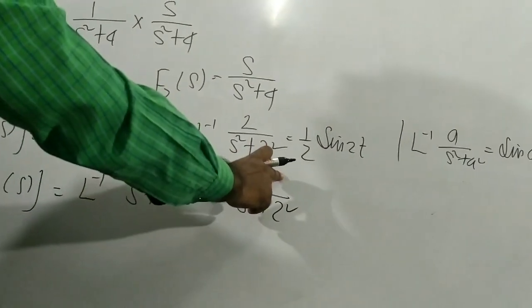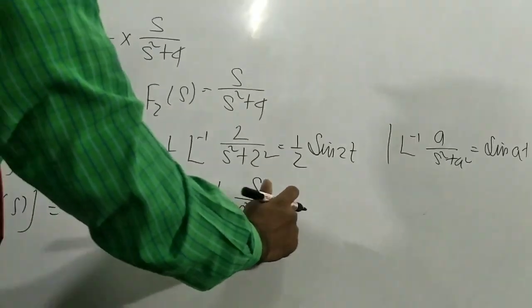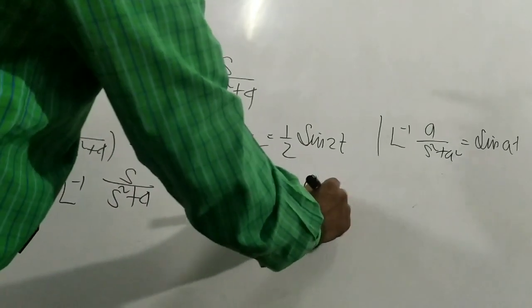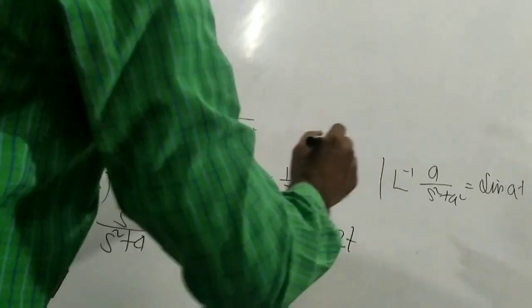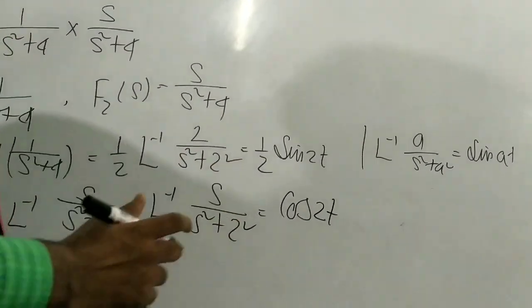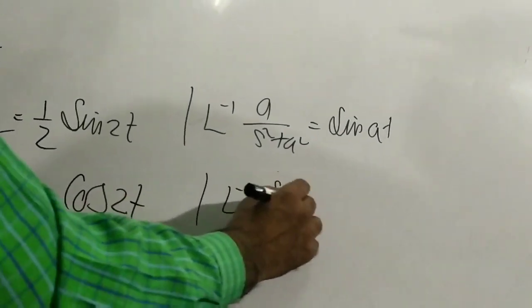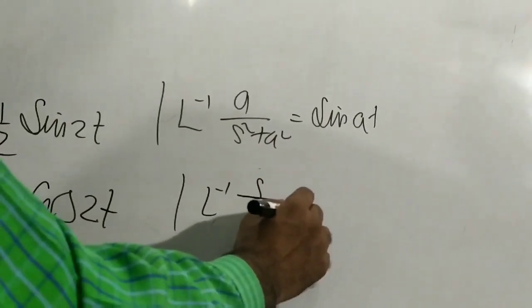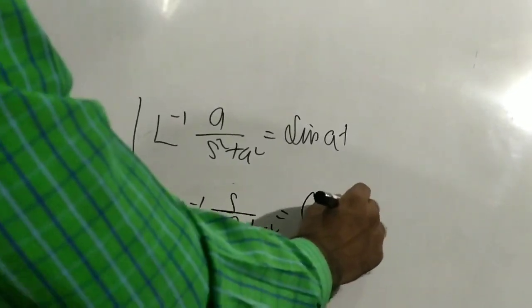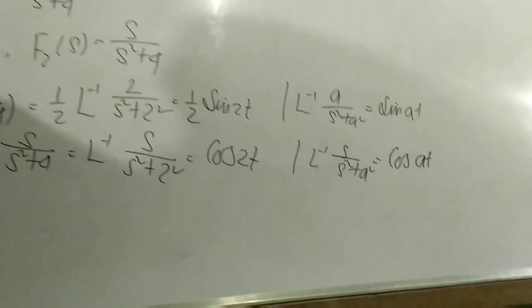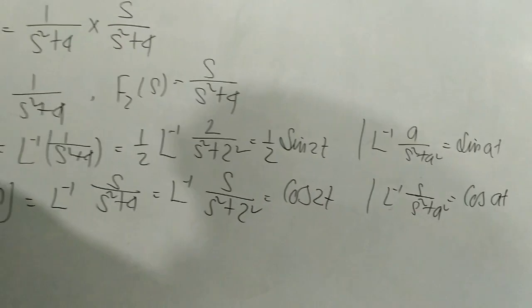This is also a direct formula: s by s square plus a square gives cos a t, with a meaning 2, so cos 2t. Recall the formula: L inverse s by s square plus a square is cos a t.